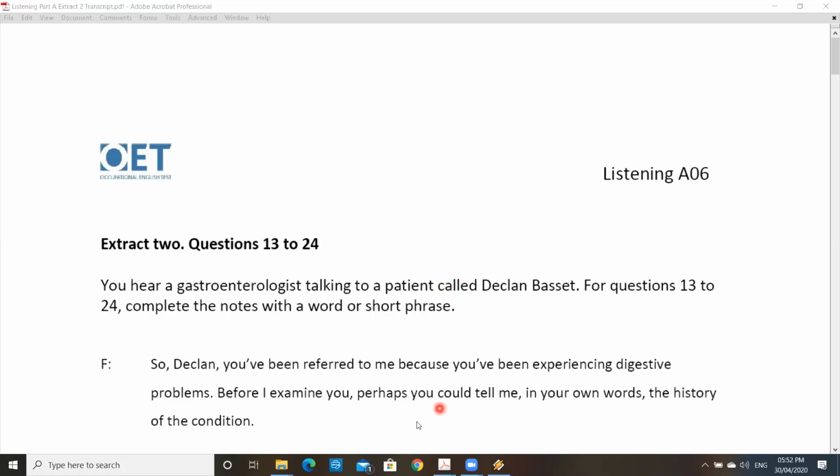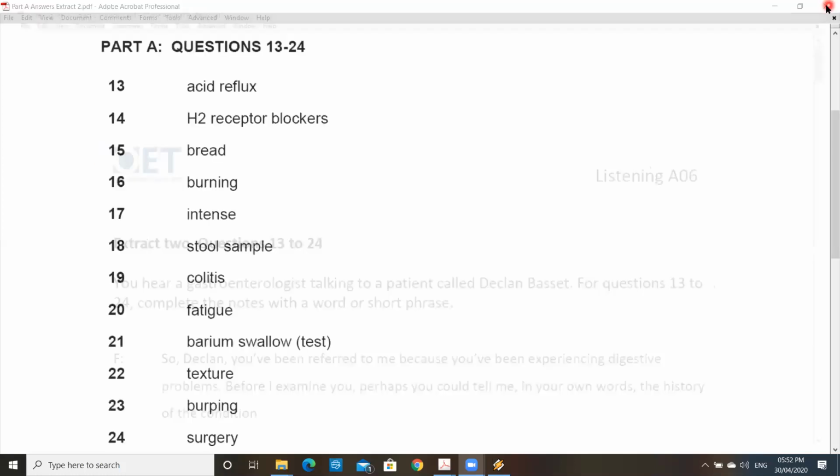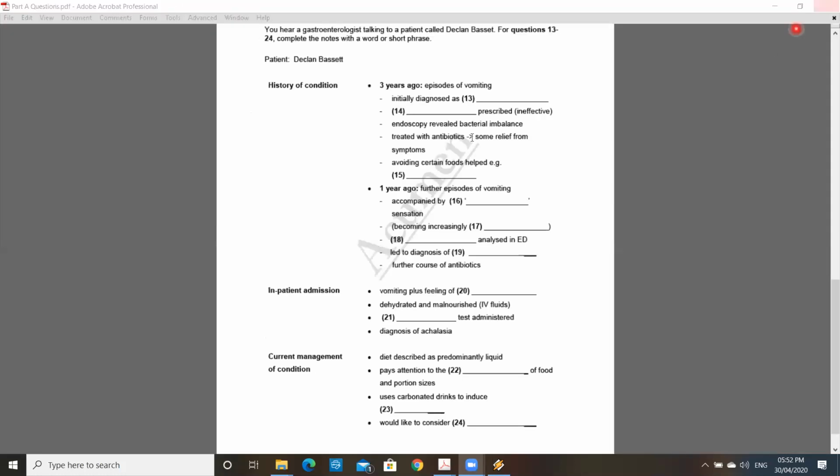The focus is on quality. Once you enter the advanced practice, that's the right time to try to complete the task in the given time frame, so that you can ensure that in the exam you are able to perform well. Okay, any question from this?